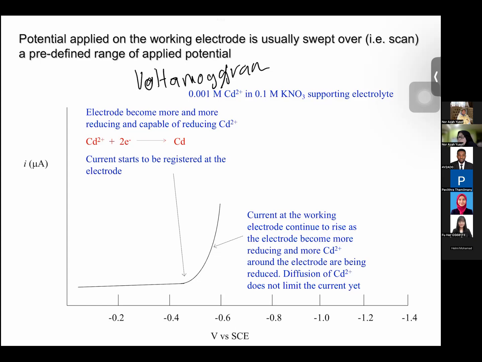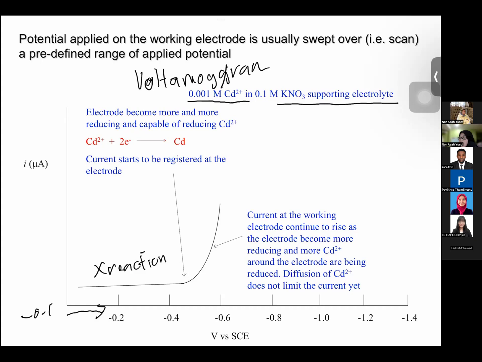Let's look at if we have 0.01 molar cadmium, and the supporting electrolyte is potassium nitrate. Now once we supply potential, we start to give potential from probably negative 0.1, then moving to minus 0.2. You can see there is no reaction yet, no reduction yet.